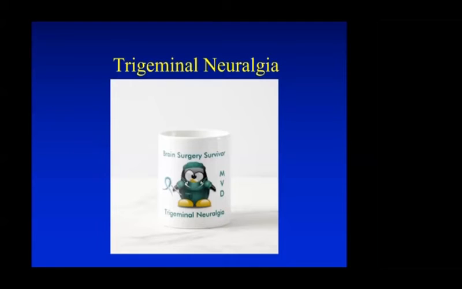If I have a patient that has multiple sclerosis and the MRI scan shows a blood vessel on the nerve, I still will offer that patient a microvascular decompression. The reason for that is the two-hit theory that I was talking about earlier. If you have multiple sclerosis alone and no blood vessel pushing on the nerve, the nerve might be strong enough to tolerate that one hit.